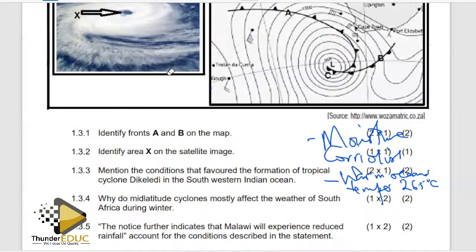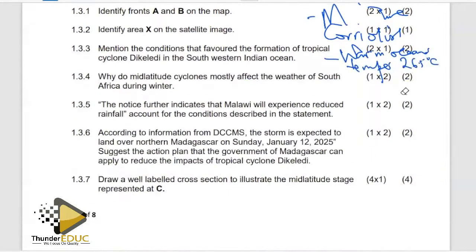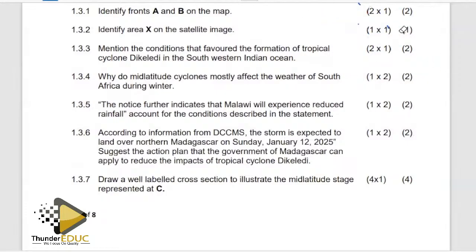There are so many measures there. It's just a matter of selection of what you feel. This is a 2-mark question. You give one response which is explained. So we can say the government can put in place evacuation plans.